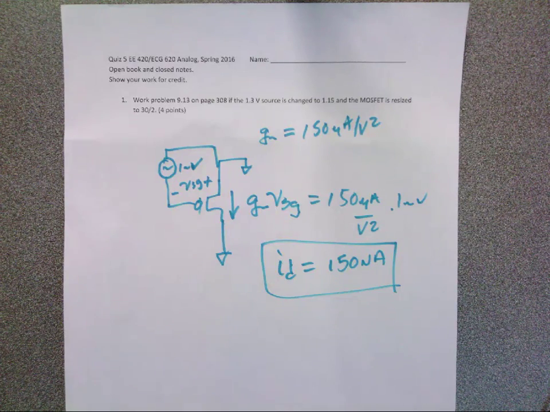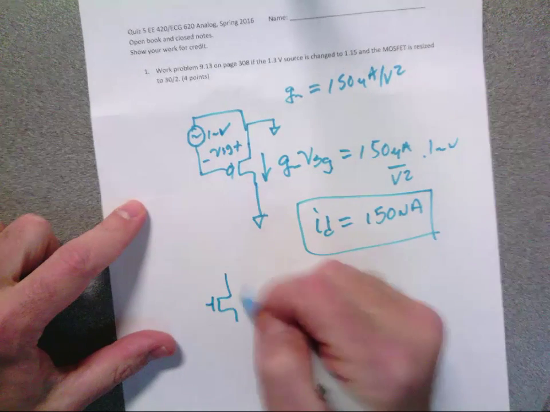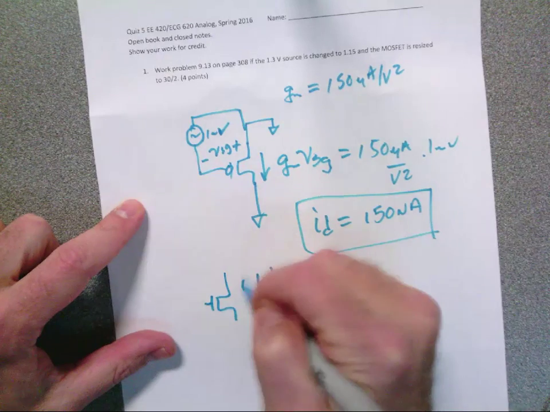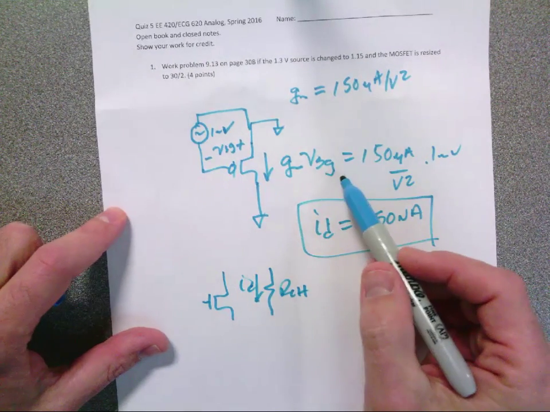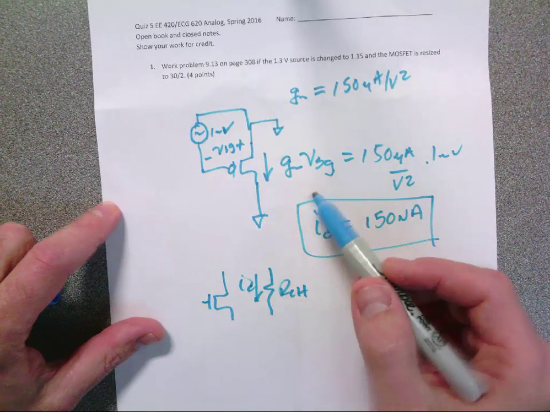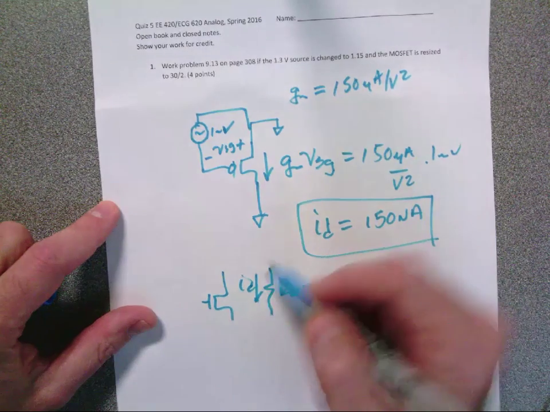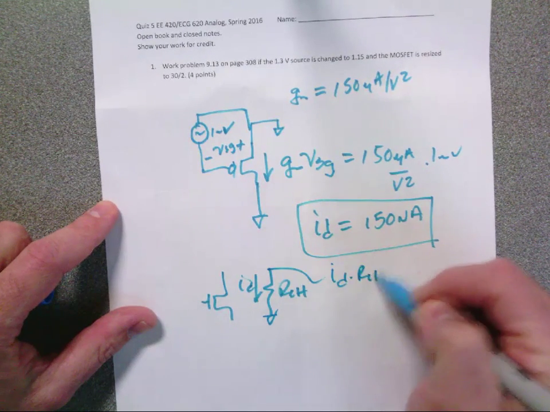So you're asking if I have a device like this, and it's in triode, so it's R channel, and then you have a current here, ID. Does this equation GM times VGS work for triode? It doesn't, right? And then the ID goes through here, so that voltage is ID times R channel.